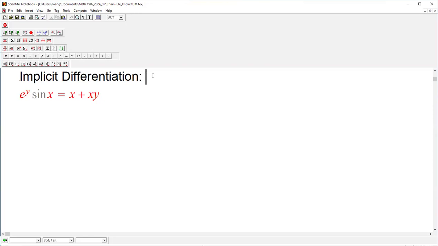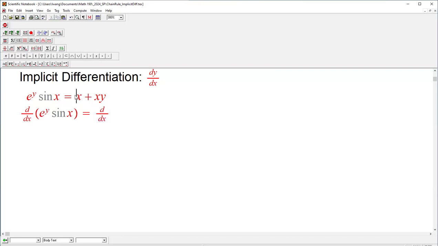And what's wanted is that we want dy/dx. Okay. And we're going to differentiate on both sides, derivative with respect to x. On the left-hand side, we should insert parentheses, and we're going to differentiate on the right-hand side at the same time. So this should be equal.